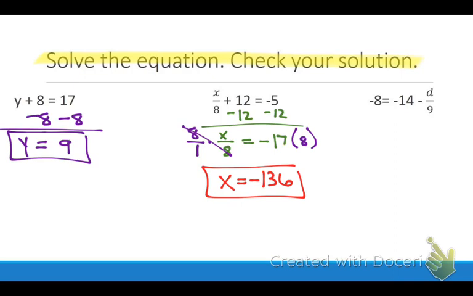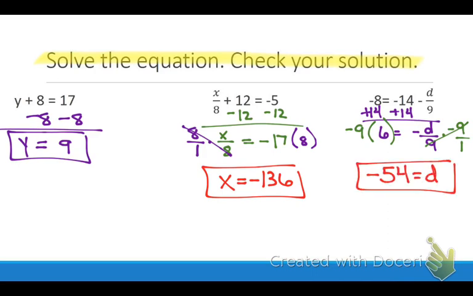Okay, and then what do you do on the third one? Add 14. You get 6 equals negative d over 9. And what do you need to do to get d by itself? Not 9. Negative 9. You have to take the negative with it to the other side. Okay? And then negative 54 equals d.